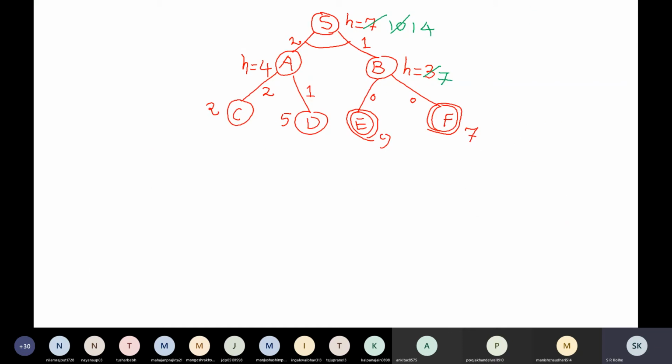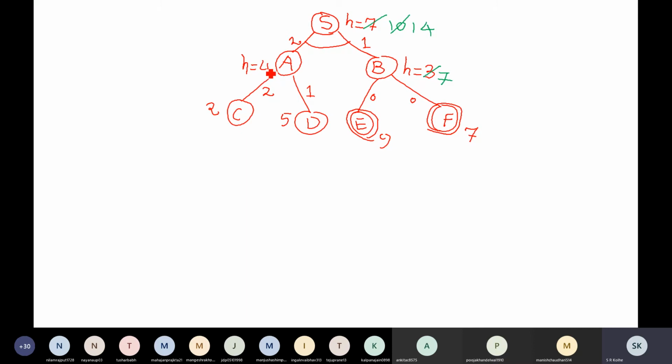Now what will happen? Select C and explore it. This is OR. C is better because 2 and 2 is 4, and here it is 6. So this is 6, this is 4.